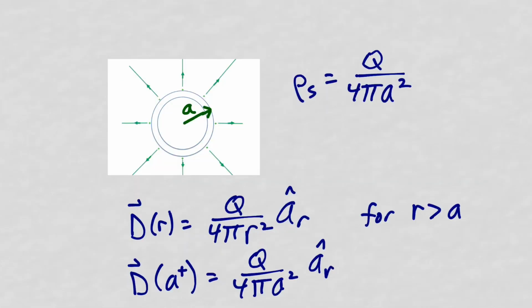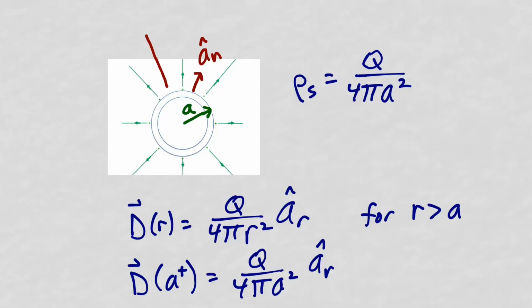If we draw a unit vector pointing out from the surface, notice that when the electric flux density field is in the same direction as this outward normal, the surface charge is positive. If the electric flux density field were in the opposite direction to the outward normal, it would mean that the surface charge is negative.